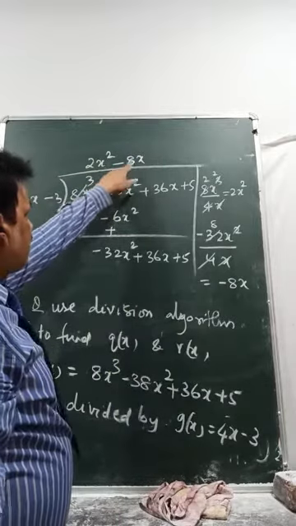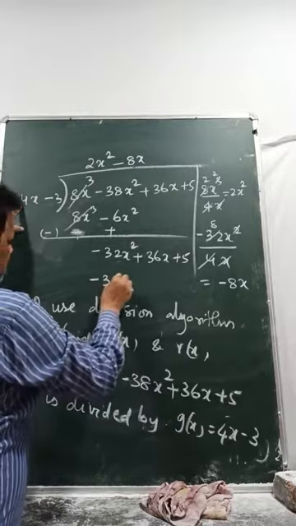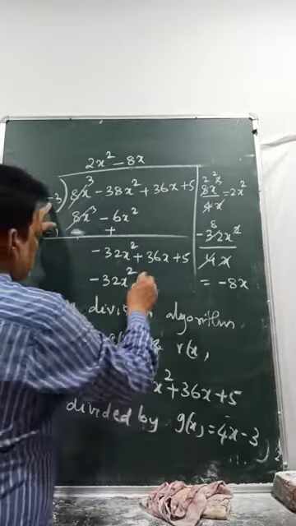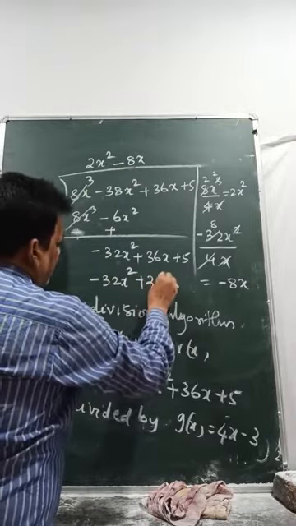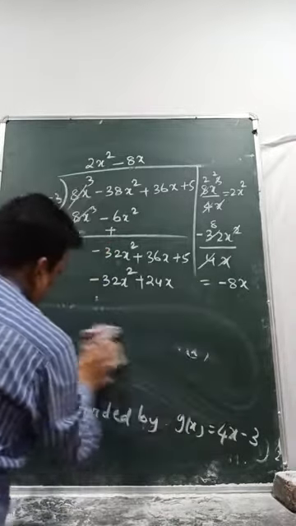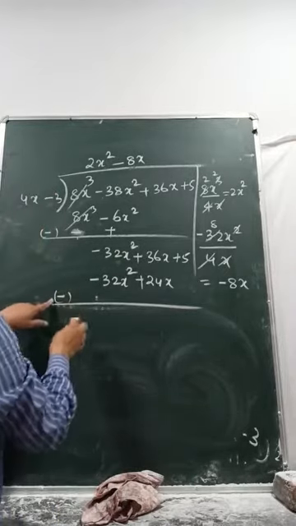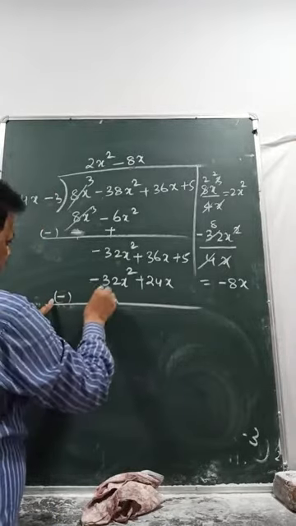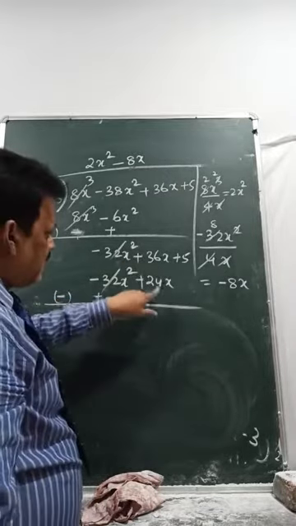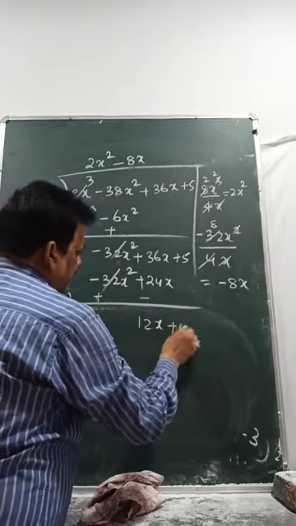Now multiply minus 8x into 4x: minus 32x square; minus 8x into minus 3: plus 24x. Okay, now subtract. When you subtract, the sign changes. This is plus, this is minus. This gets cancelled. 36 minus 24 is 12x plus 5.